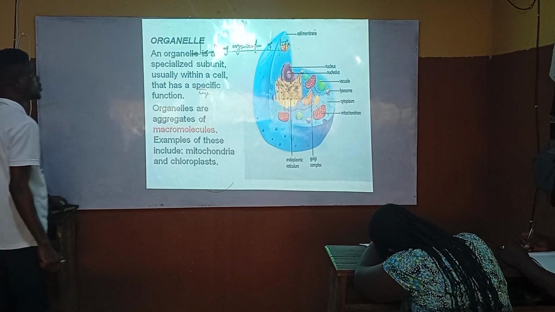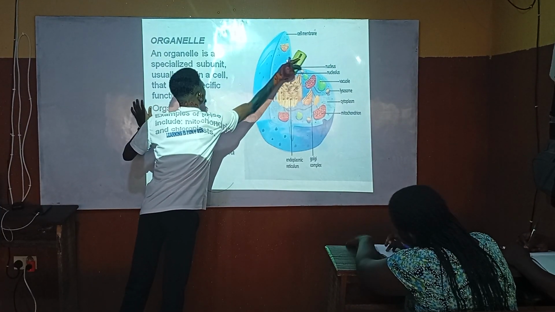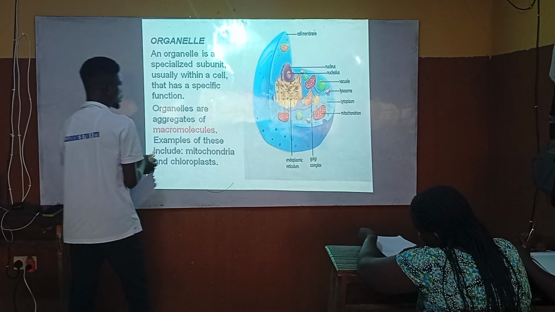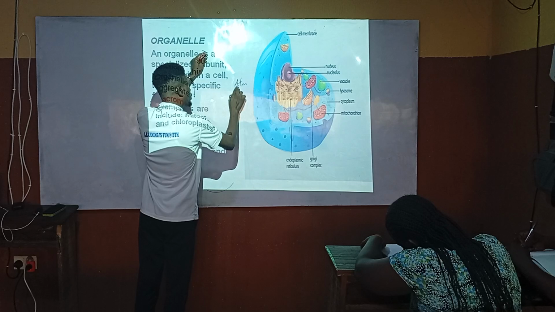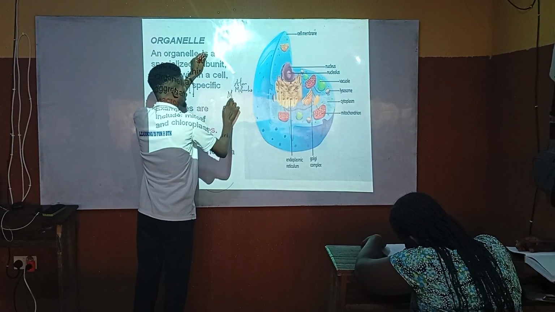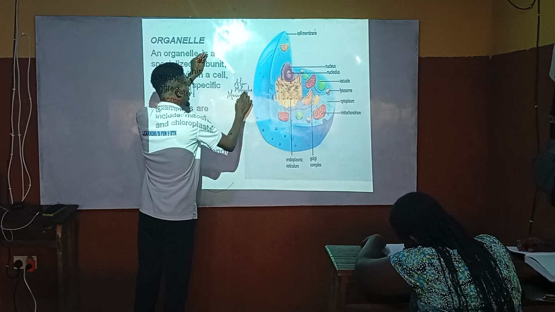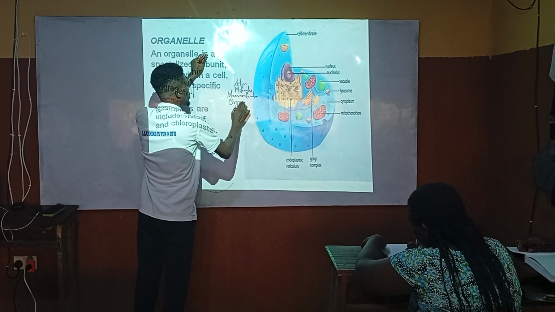Alright. So now from the levels we have identified, we talked about what first? Atom. We now said atom will form what? Molecules. Molecules will now combine to form large molecules called what? Macromolecules. Those large molecules will now form what? Organelles.